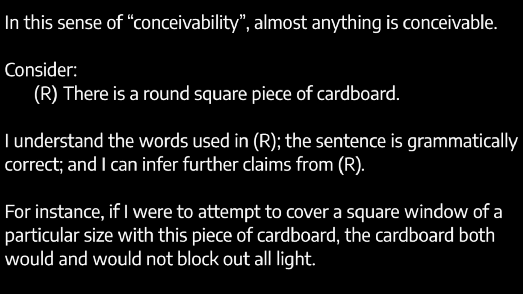I might say, well, if I were to attempt to cover a window of a particular size with this round, square sheet of cardboard, the cardboard both would and would not block out all of the light. So I've conceived of a round square piece of cardboard.